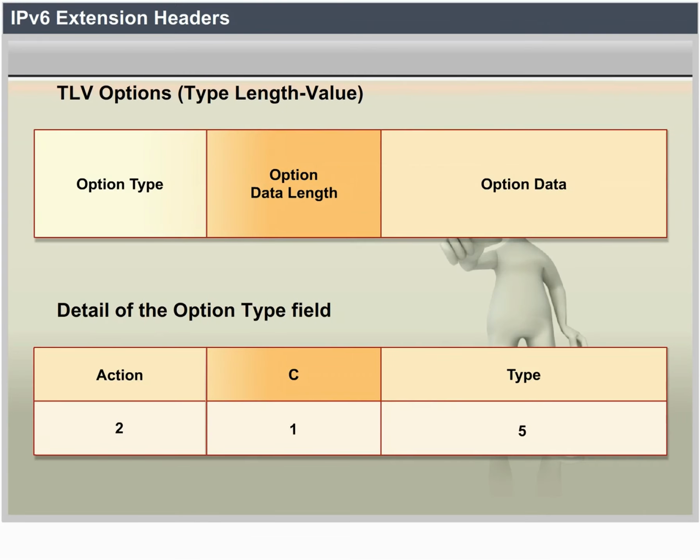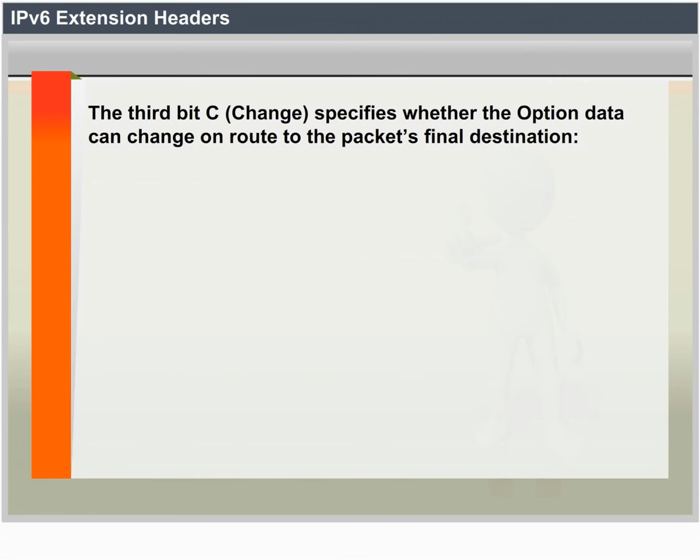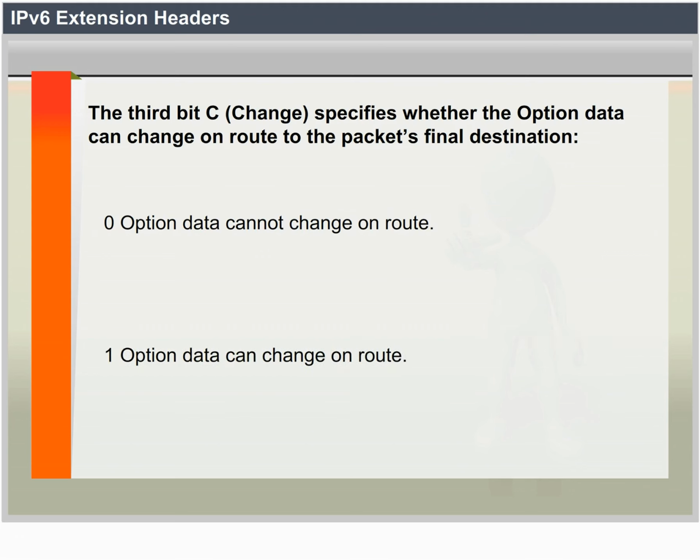Figure: detail of the option type field. The third bit, C, change, specifies whether the option data can change en route to the packet's final destination. 0: option data cannot change en route. 1: option data can change en route.